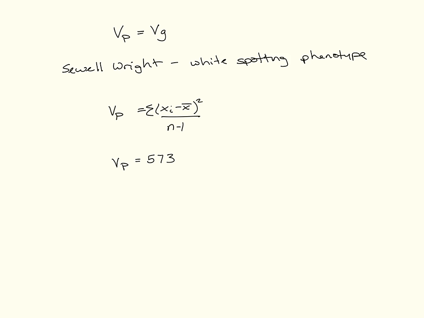Next, he inbred guinea pigs to get individuals that were almost 100% genetically identical. So they were homozygous for all of the genes that were involved in white spotting. And when he did this, he looked again at the population of inbred guinea pigs, and he found that the variance in the number of spots they had was 340.